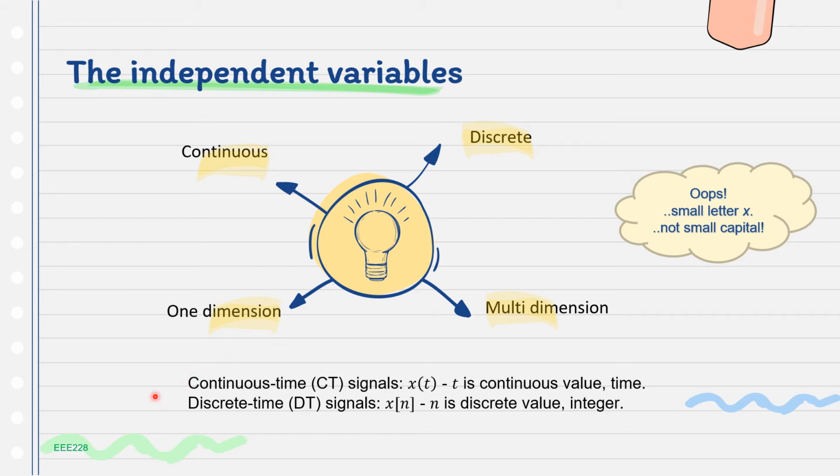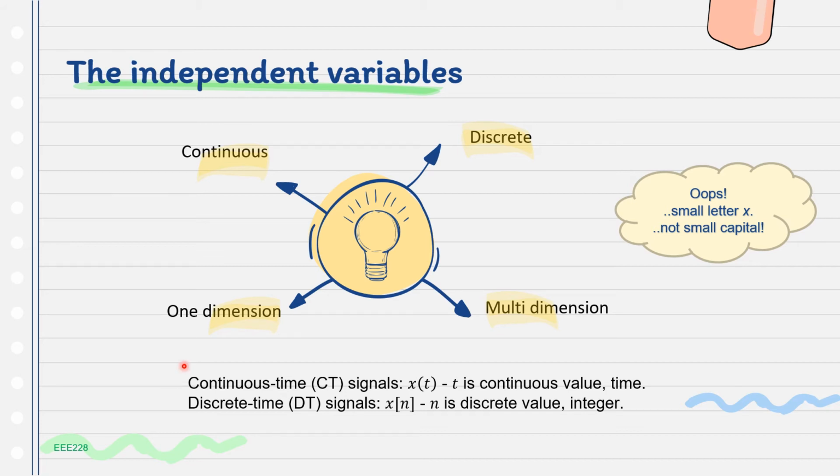For this course, we will look at functions or signals with only one independent variable, which is time. Okay, we will look at both the continuous time signals and the discrete time signals.